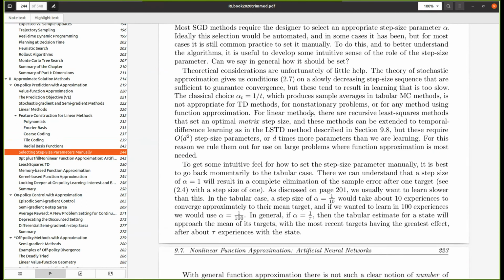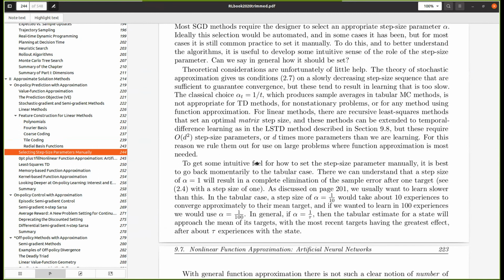It is more computationally expensive compared to the methods we considered before.